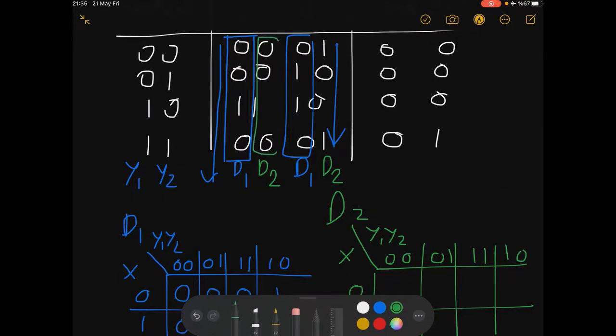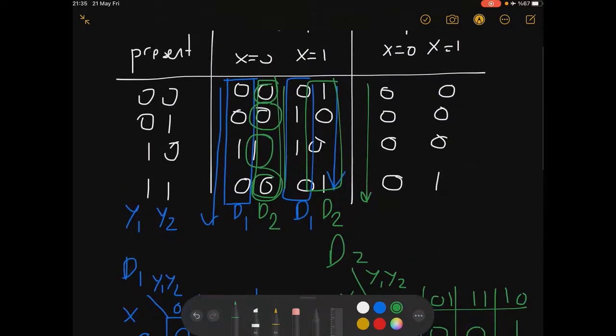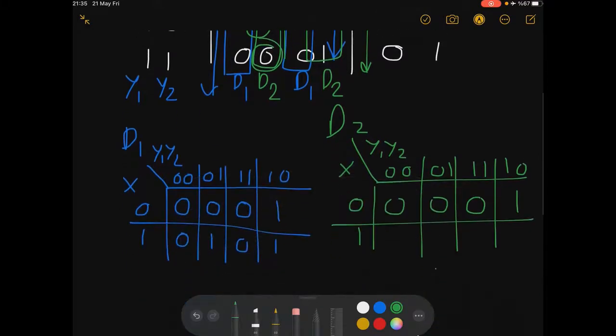Now I focus on these columns right here, and I write them in this order, but be careful about the gray coding here. So I will write 0, 0, 1, 0. All right, and here you have 1, 0, 0, 1.